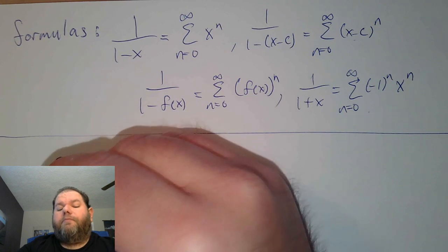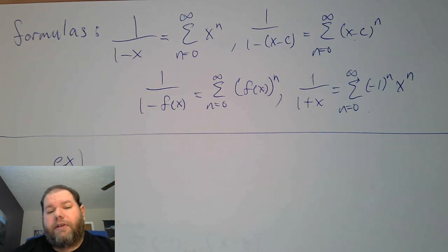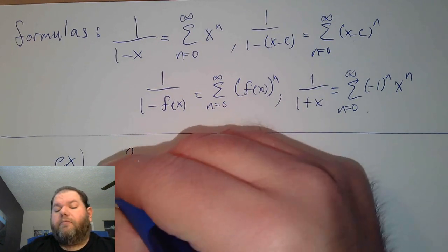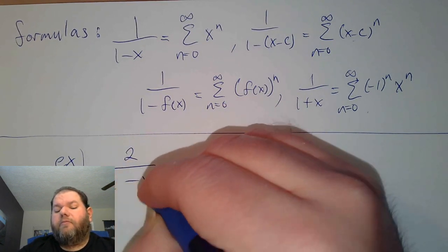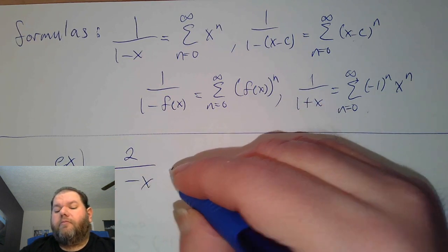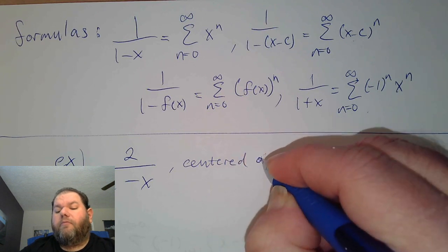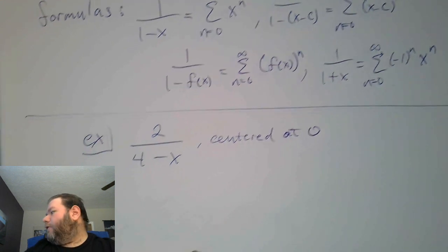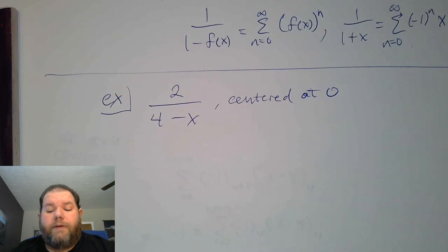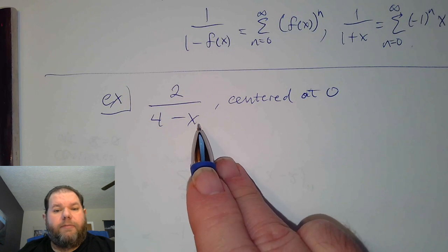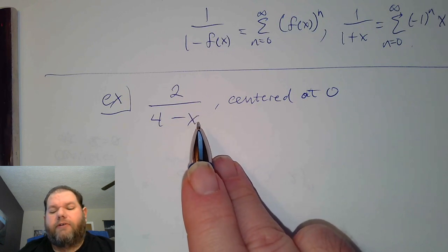Okay. Let's start over with something centered at 0. Like I said, I think that'll be an easier place to begin. So we'll have 2 over 4 minus x centered at 0. Now, it's centered at 0, so we just have to make sure this is plain x, which is what we have here, so that's good.